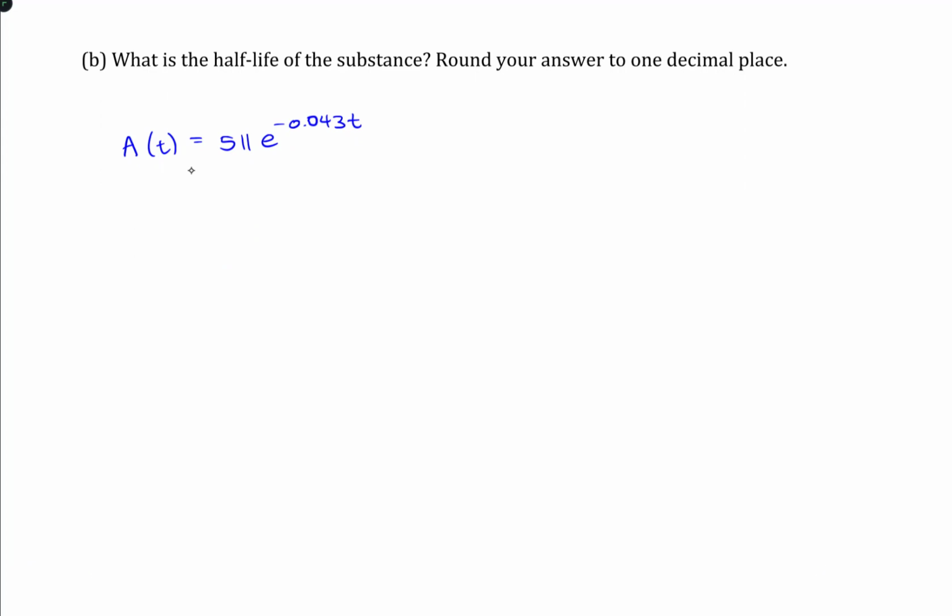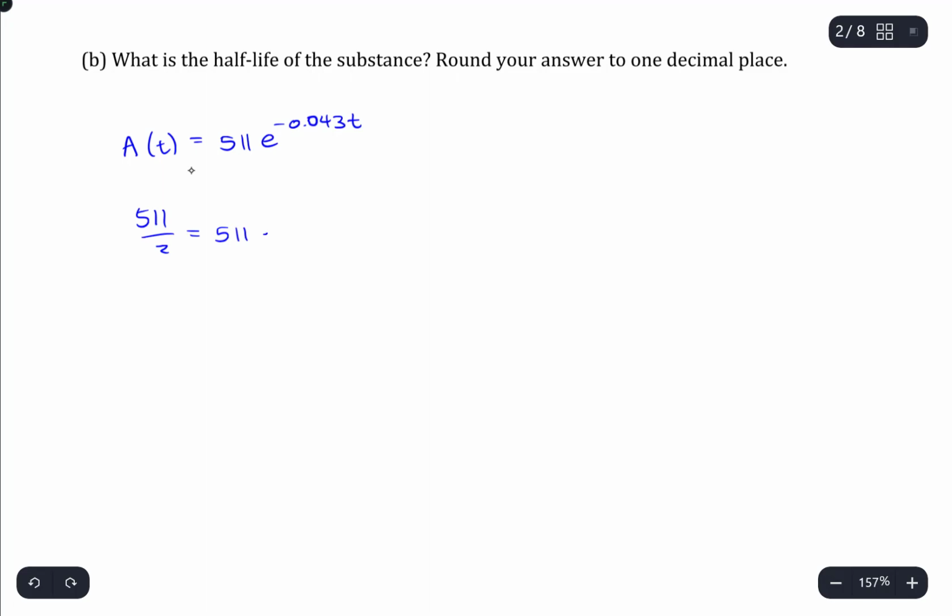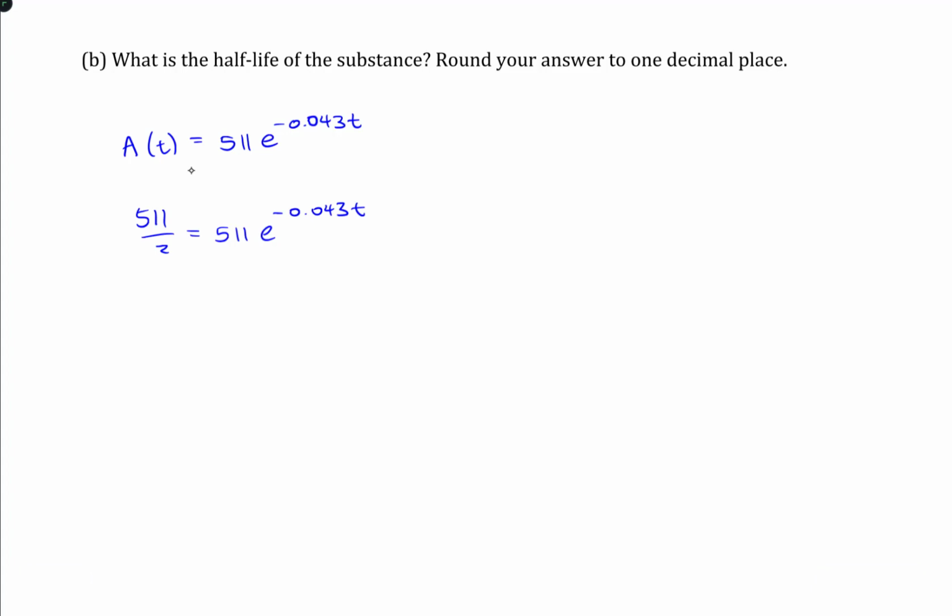What we want to know is how much time is going to have to pass before we get to half of the initial amount. Well, half of the initial amount is 511 divided by 2. So if we just set our function equal to 511 divided by 2, then that is going to give us the amount of time it takes to decay to that amount.